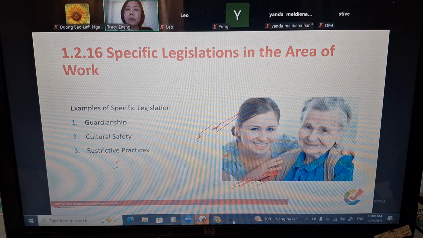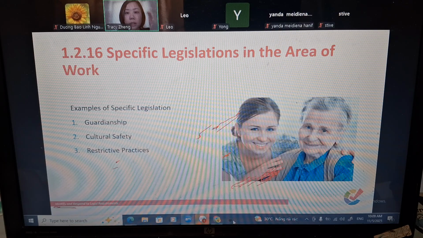You will see a lot of elderly people or people living in aged care who have a guardian, especially when they may not have kids, right? Some of the elderly never married, never had kids, so they can still appoint somebody.